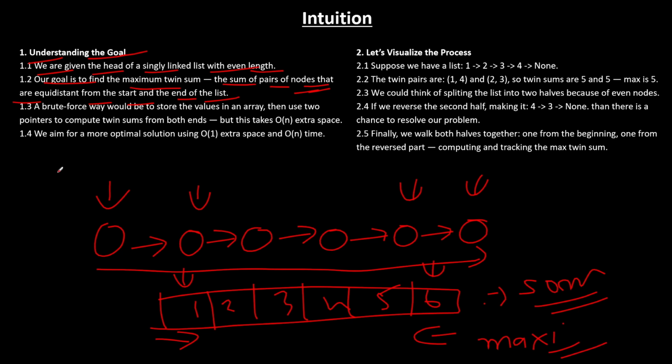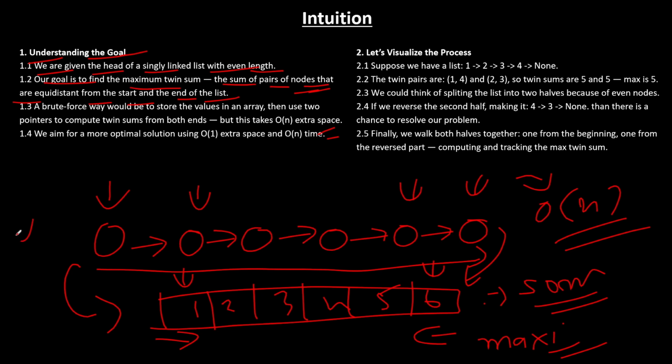This could be done, but it will take O(n) space as we are storing the values in a list. We are not allowed to use this O(n) space. Even though the brute force solution is correct, we have to aim for a more optimal solution with O(1) extra space.